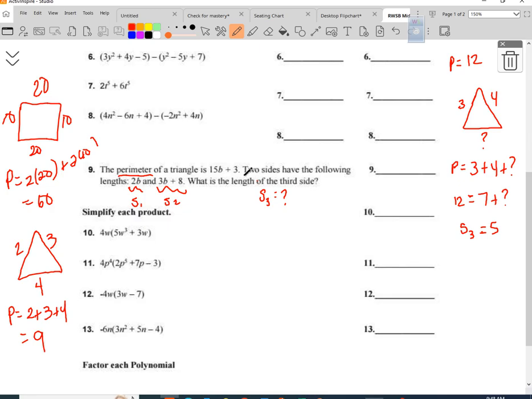So for this one, even though it doesn't have normal side measures, I don't want y'all to put it there. Let's do this one over here. One side measure is 2b. One side measure is 3b plus 8. We want to know the other side measure, and we know the perimeter is 15b plus 3.